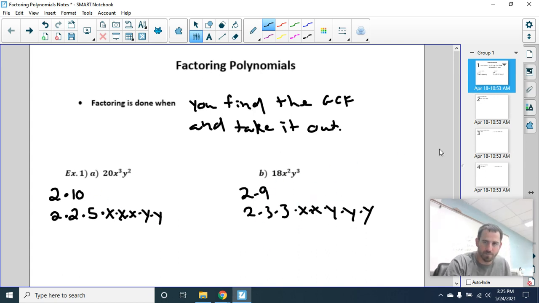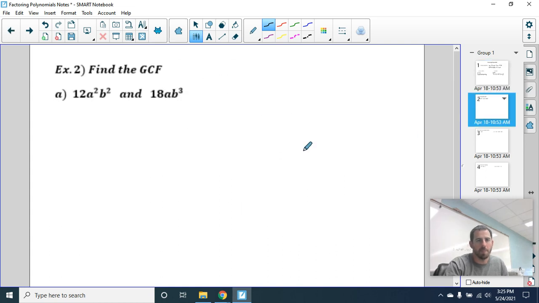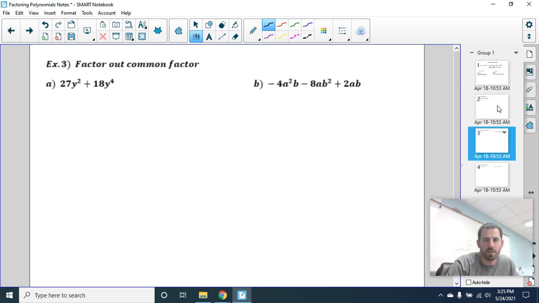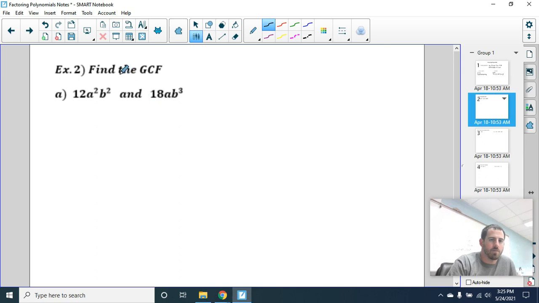Now we're going to take it a step further. Pause if you need to. You see we have a couple of examples, so we're finding the greatest common factor between these two terms.